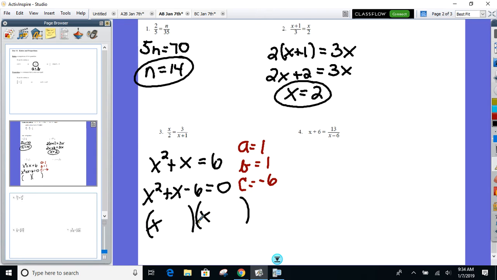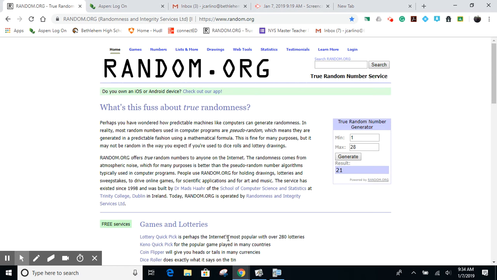I'm going to call on somebody here in a second. Two numbers that multiply to -6, but when I add them together, they give me +1. Do you have those numbers for me?